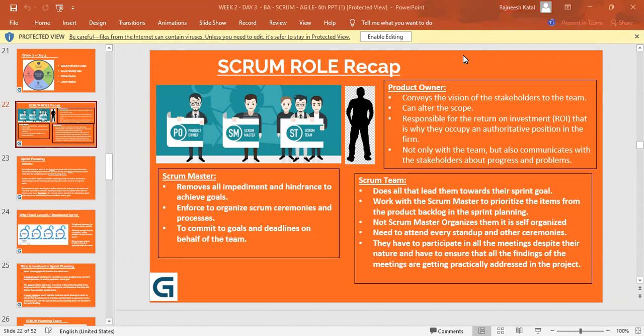Great. So why I kept this slide here for you to understand is because these three are the super important roles who are the pillars of agile methodology and understanding. So we will start with the one and only product owner.